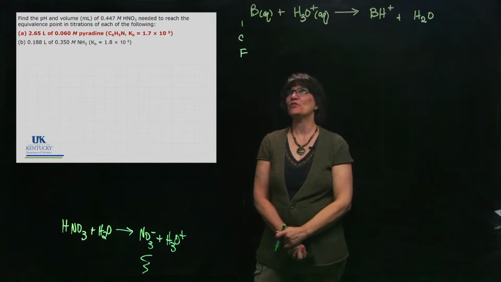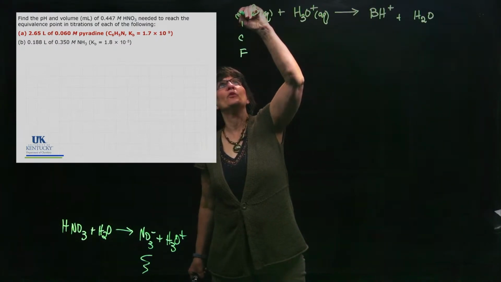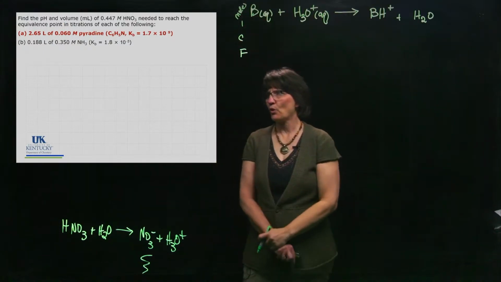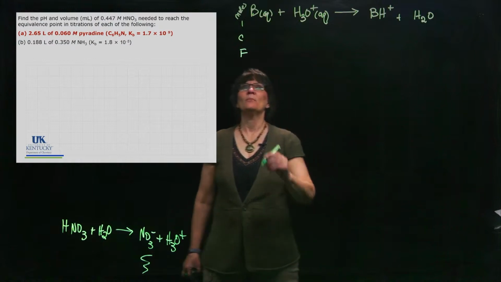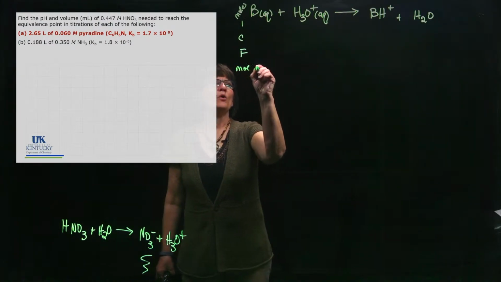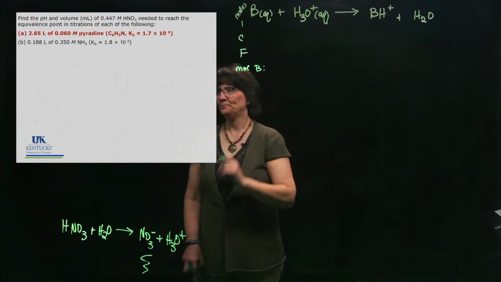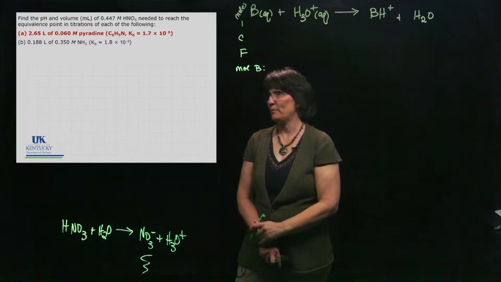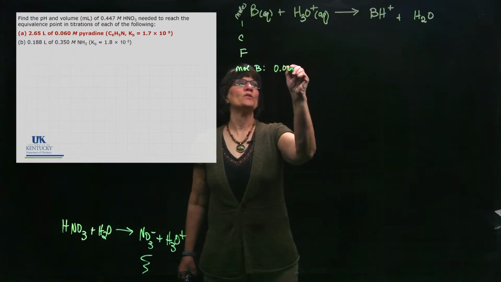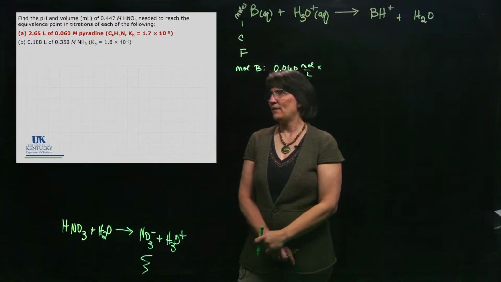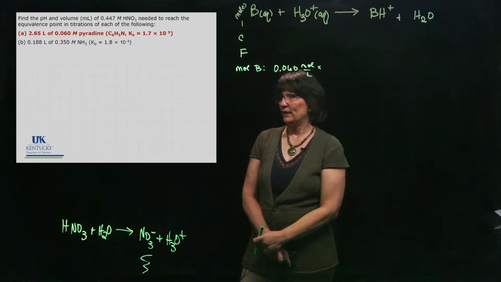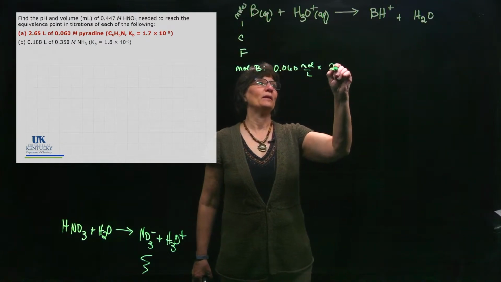Now, I'm ready to put some numbers in, and I keep in mind that this is a way of doing a limiting reactant problem, and I want to put moles into there. So let's get the moles of the base, which is the pyridine. It would be the molarity of the base, which I see as 0.060, and I'll write it as moles per liter to remind me that I need the volume in liters. Well, this is an awfully big titration.